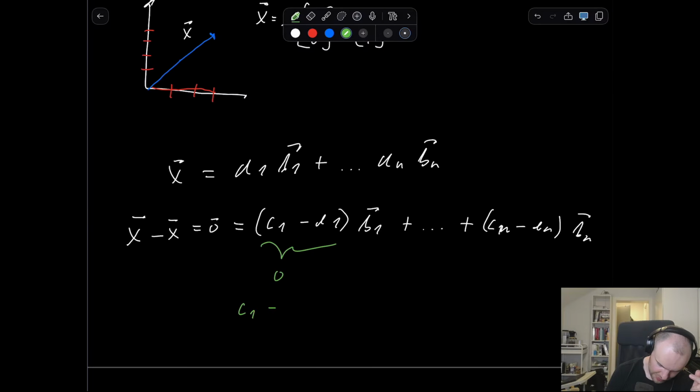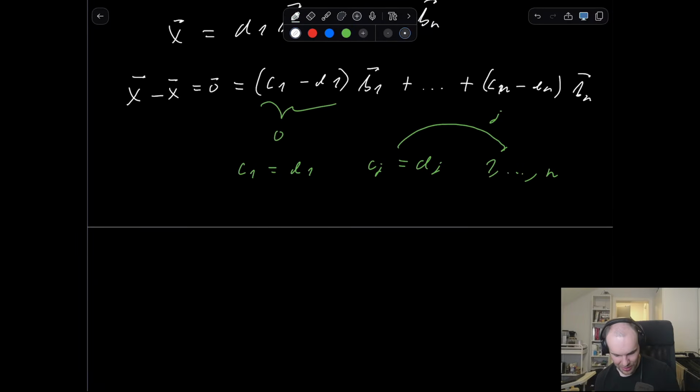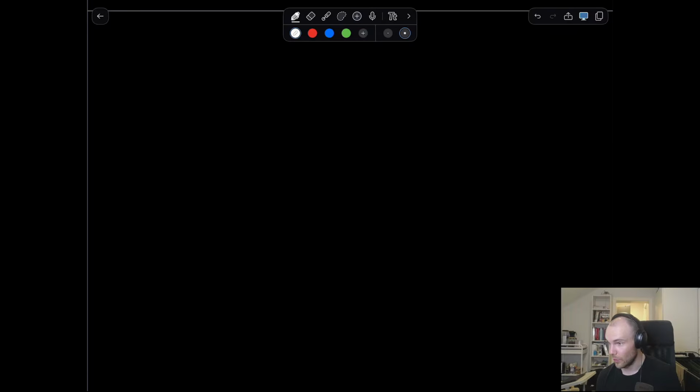So c1 has to be equal to d1, or more specifically, cj has to be equal to dj for every j between 1 and n. So that should make it clear that this vector can only be represented one way, and that's a unique way.